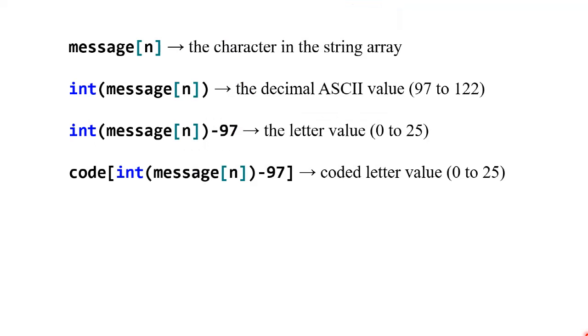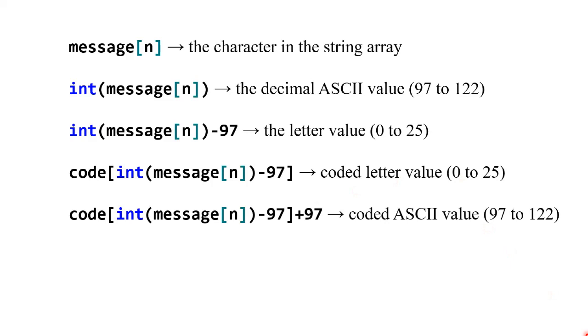So we take the number. This operation has returned a number for the character that is from 0 to 25. We can use that number inside the code array. So we're looking at the code array at the index number that corresponds to the letter number in our original message. And that will return the coded letter value, again, between 0 and 25. So this value will be the coded letter value.